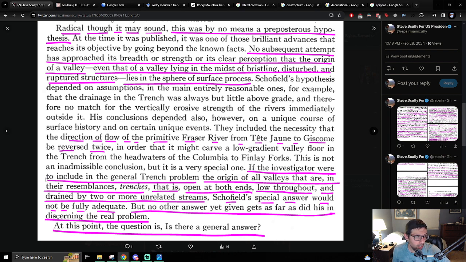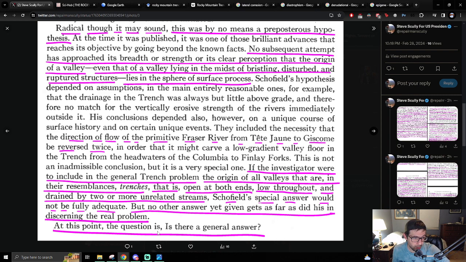If the investigator were to include in the general trench problem the origin of all valleys that are, in their resemblances, trenches, that is, open at both ends, low throughout, and drained by two or more unrelated streams, Schofield's special answer would not be fully adequate, but no other answer yet given gets as far as did his in discerning the real problem.